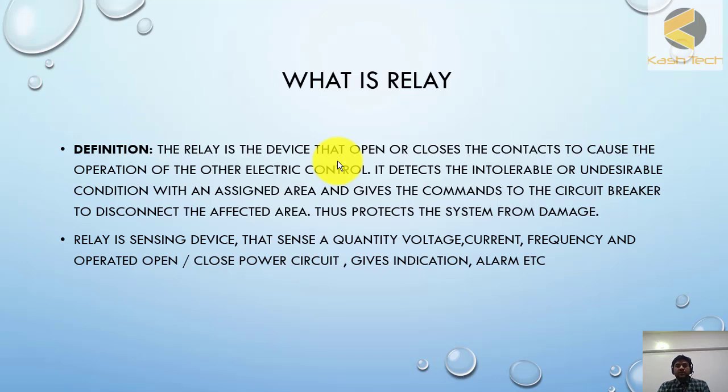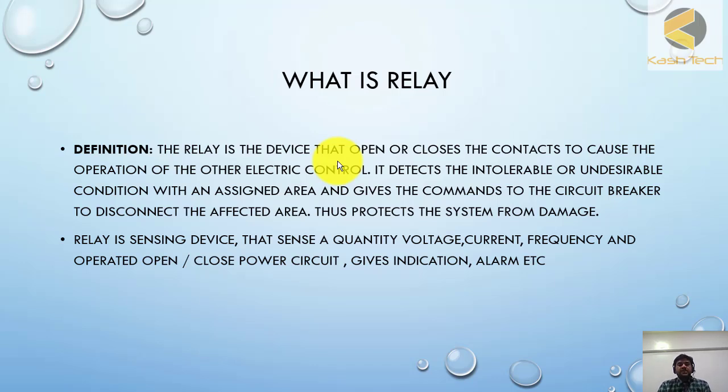So what you can do is install a relay, like an over voltage relay. That relay will monitor over voltages, and as soon as over voltage is sensed, for example you have selected the setting of over voltage, if rated is 220 and voltage goes beyond 250, it will trip or open the power circuit. So this is an example of a relay, what we call a protection relay.